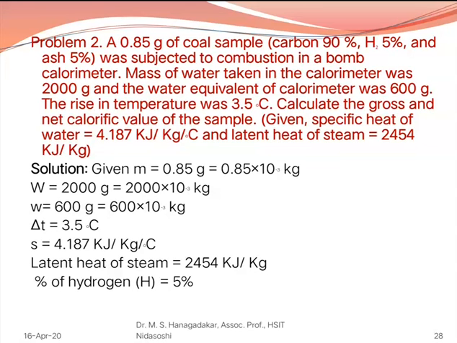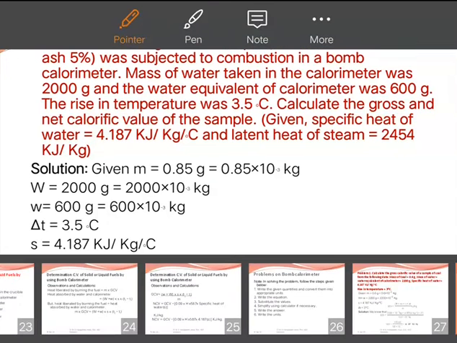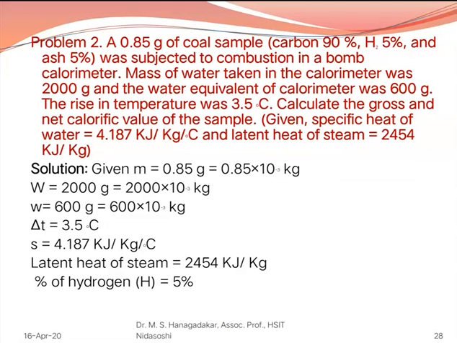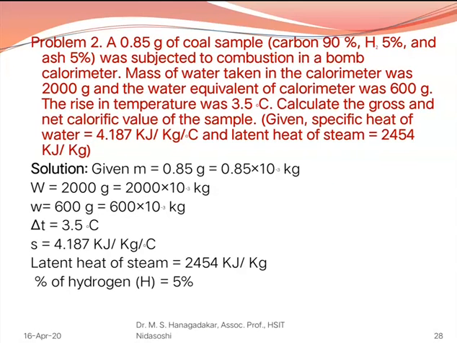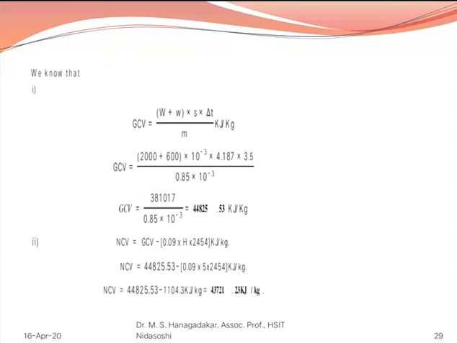Then rise in temperature is 3.5 degrees Celsius and specific heat of water is equal to 4.187 kilojoules per kg per degree Celsius. Latent heat of steam value is provided as 2454 kilojoules per kg. Then percentage of hydrogen is equal to 5%.